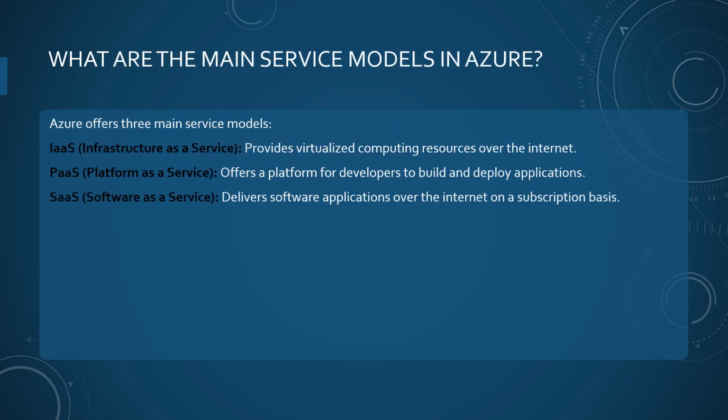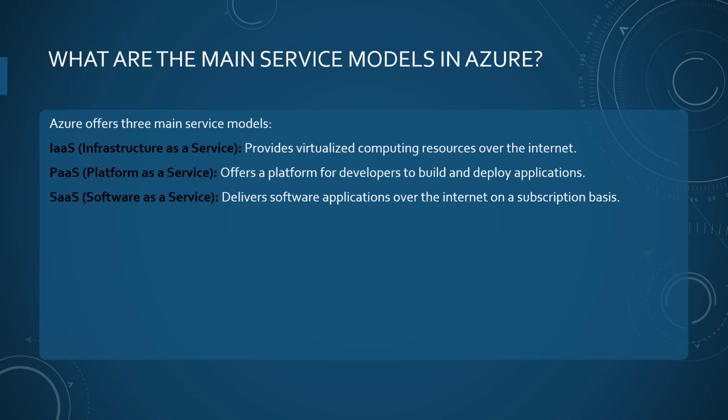What are the main service models offered in Azure? There are three types of service models offered in Azure: infrastructure as a service, platform as a service, and software as a service. In short, IaaS, PaaS, and SaaS. Infrastructure as a service provides virtualized computing resources over the internet.